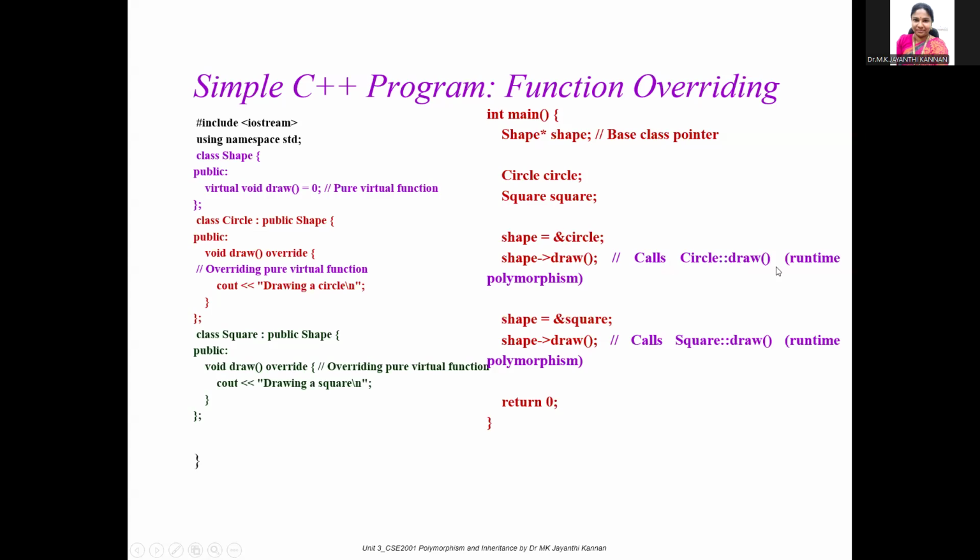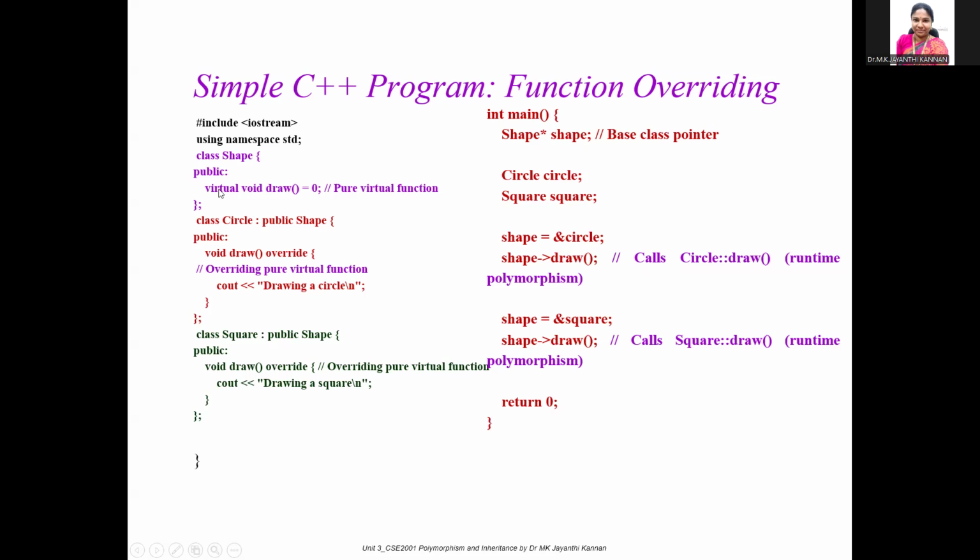So it executes runtime polymorphism because we are using the pointer as well as the pointer member access operator, the arrow. In the same way, shape equal to address of square, and through the pointer we call the draw function. This will call the corresponding square draw function. Earlier, it called the circle class draw function.